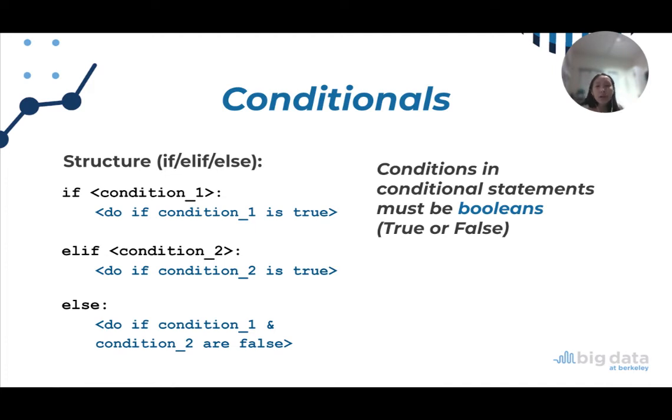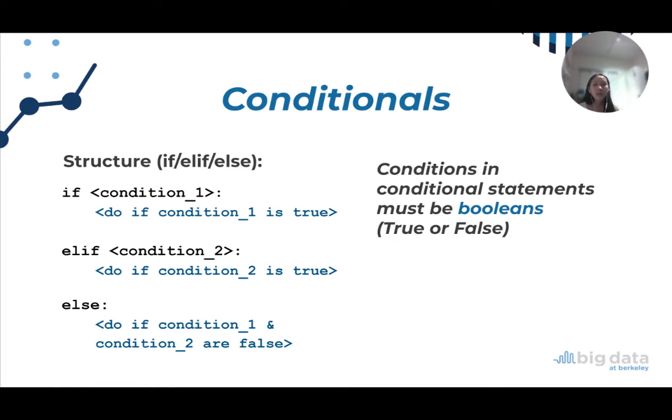So it's important to know that even though if, elif, and else are in this structure in this example, you actually don't always need an elif or else. Sometimes people just use if and else. Sometimes people just do if with no else. And sometimes there can be more than one elif.